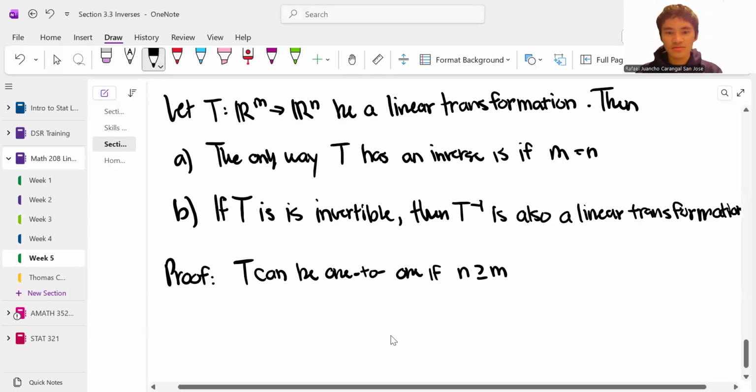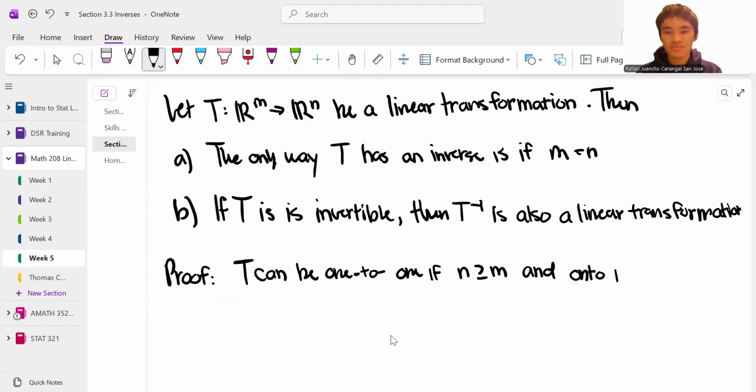So it's one-to-one if n is greater than or equal to m, and onto if n is also greater than or equal to m.